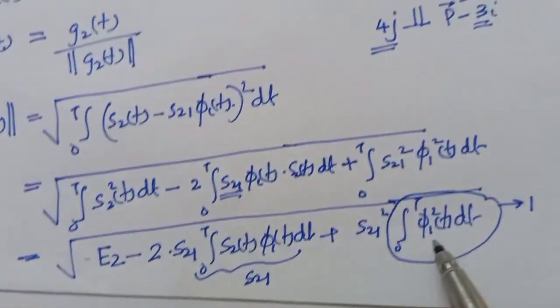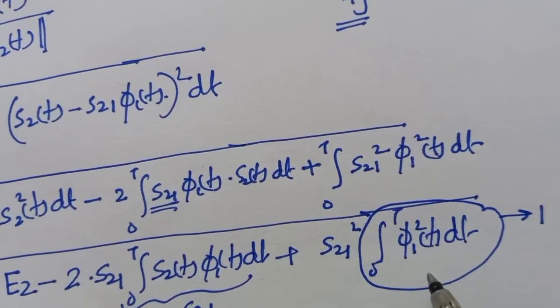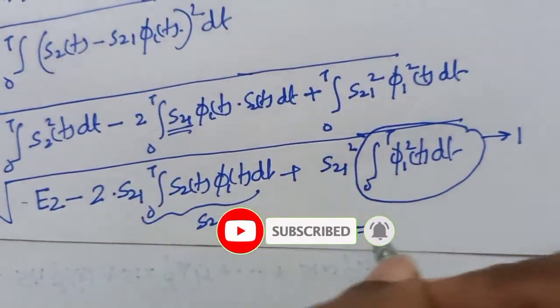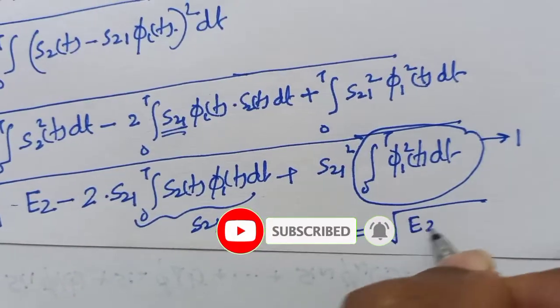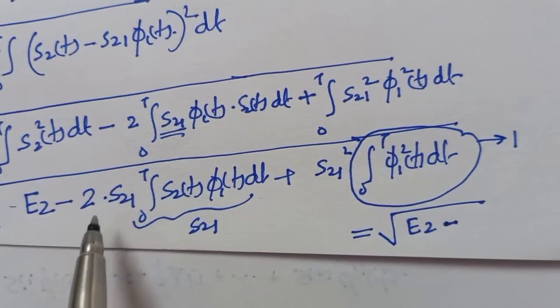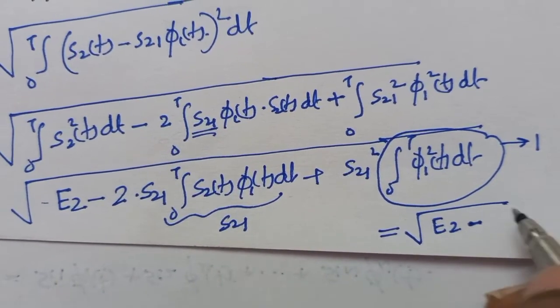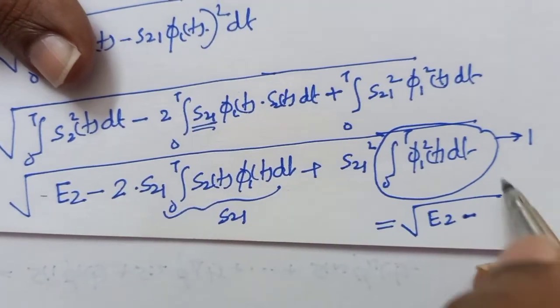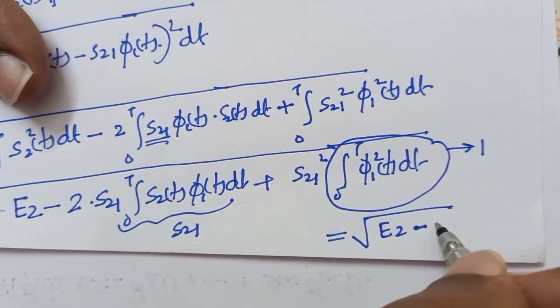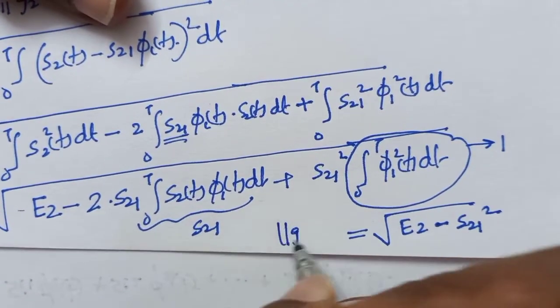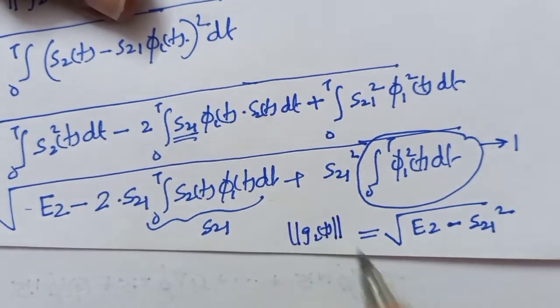Since φ1(t) is an orthonormal basis function, and an orthonormal basis function means its energy is 1. So this will be equal to root of E2 minus 2 s21 into s21, that is 2 s21 square, plus s21 square, that is s21 square. So this is the norm of g2(t).